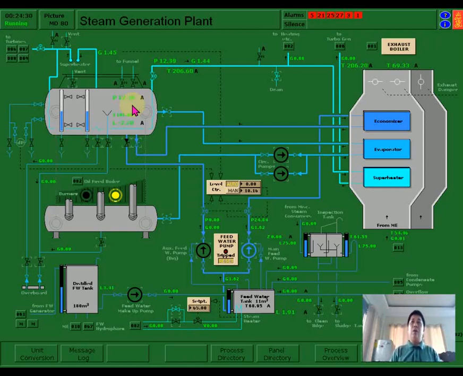We will also simulate the automatic feed water control and the automatic steam temperature control. Just wait for this pressure to reach 7 bar.